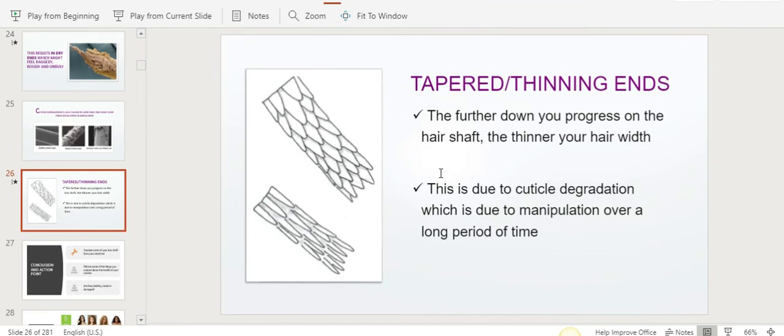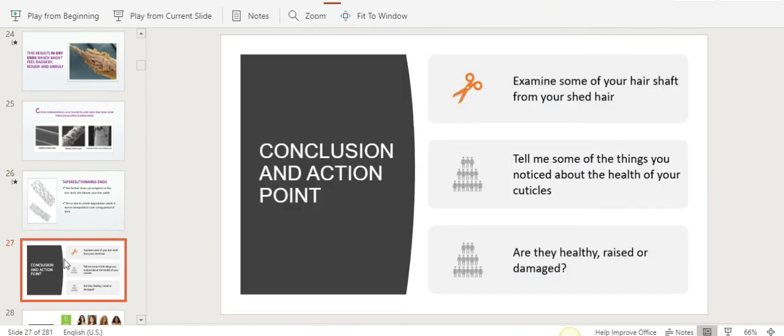Because as your hair progresses further away from the scalp, it's going to lose a significant amount of those protective cuticle layers, just because of natural weathering and also the manipulation your hair goes through on a day-to-day basis. Again, that's another reason why you should always keep a regular trimming schedule, so that you can get rid of those weak ends.